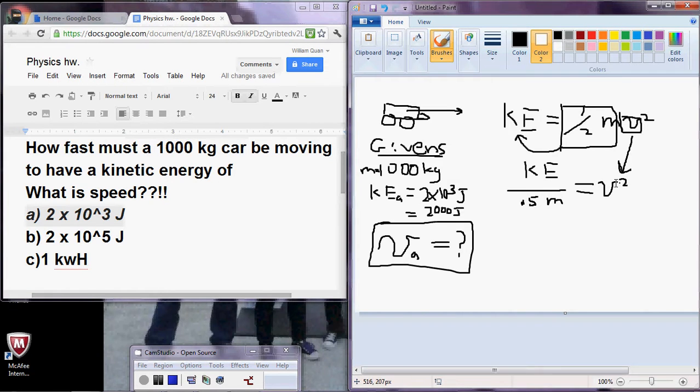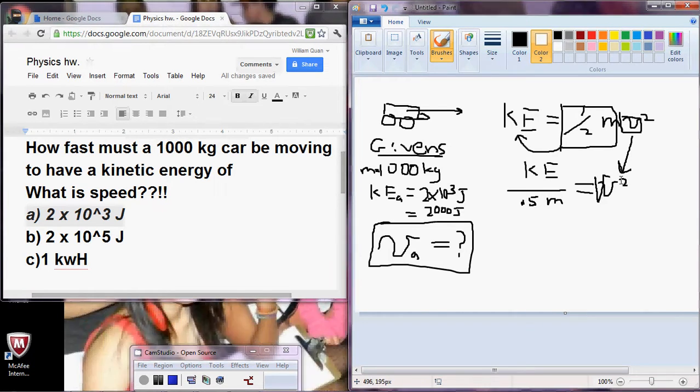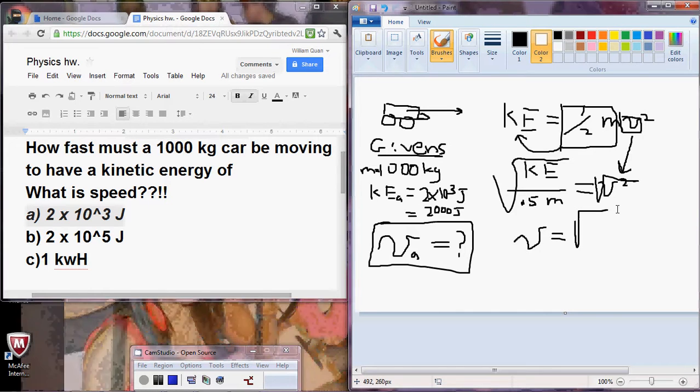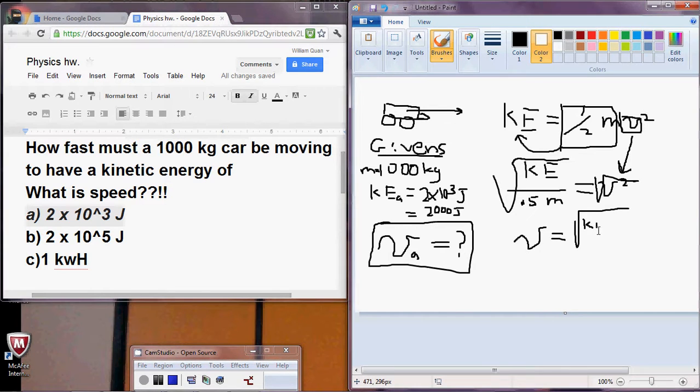How do we get rid of squares? We have to square root both sides. Velocity equals the square root of kinetic energy divided by 0.5 of the mass.